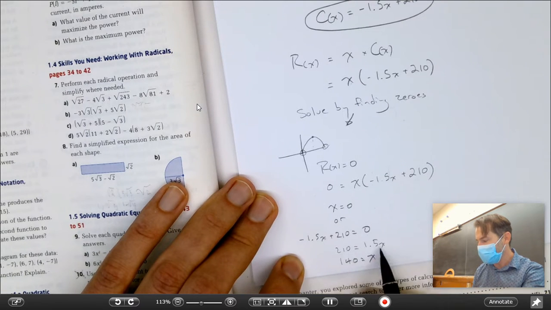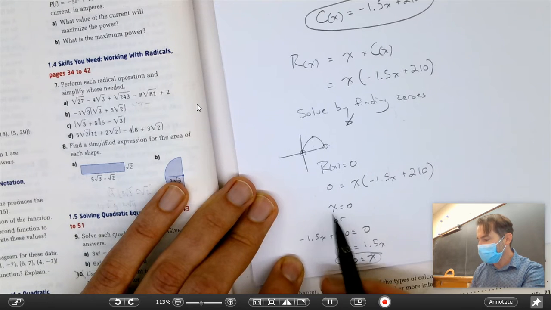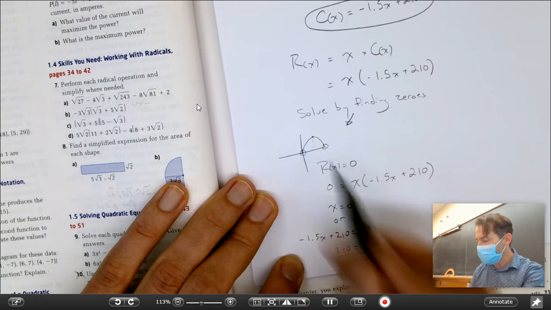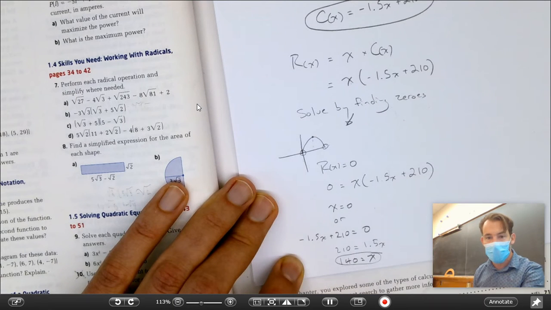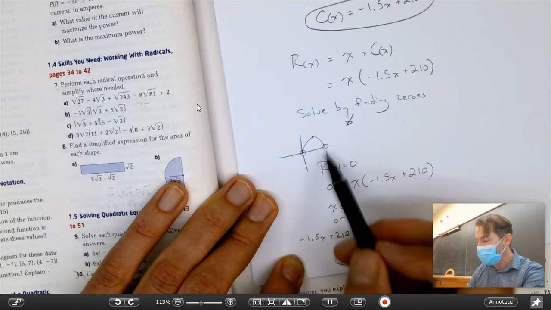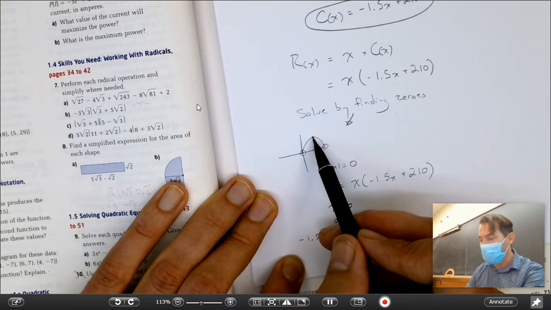So there, now I know that one zero is at x equals 0, and the other is at x equals 140. So the maximum value that they're going to get is where 70 people come. It's right in between those two. 0 plus 140 divided by 2 gives me an average of these 2 points. That would be at x equals 70.